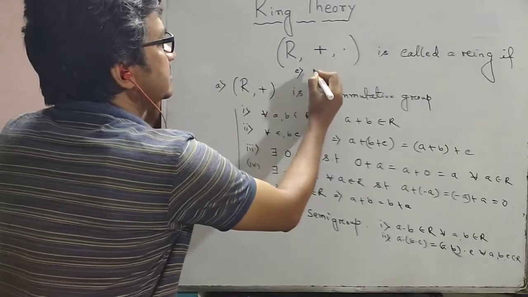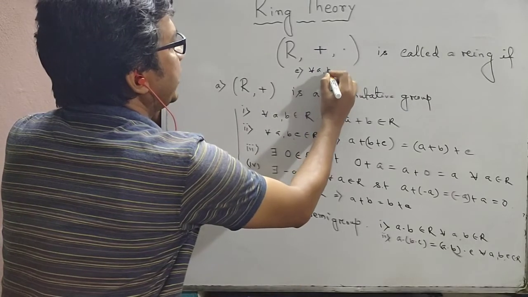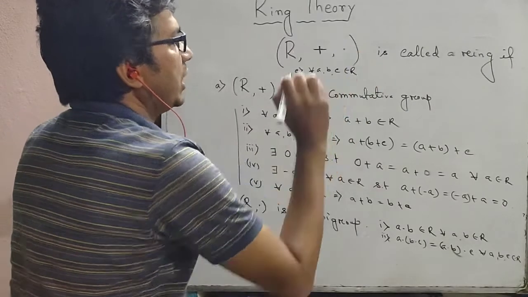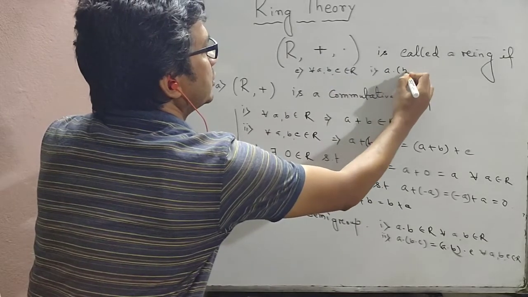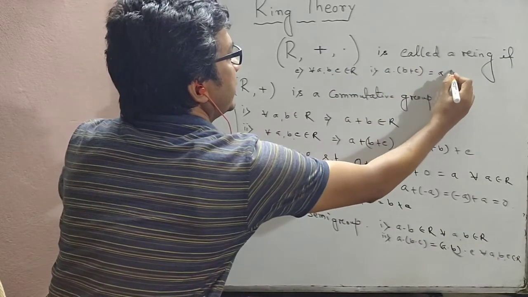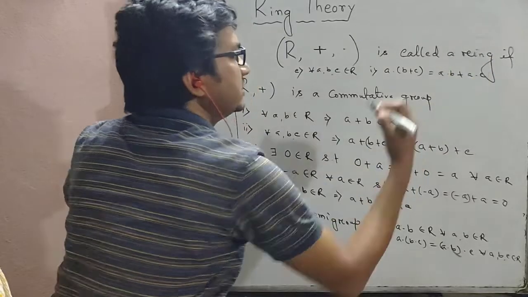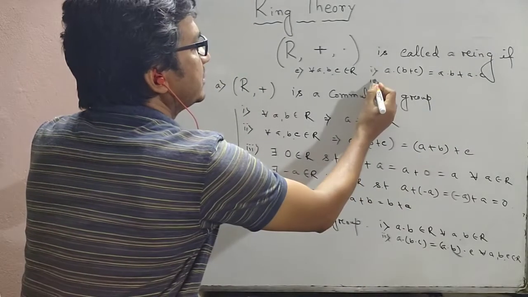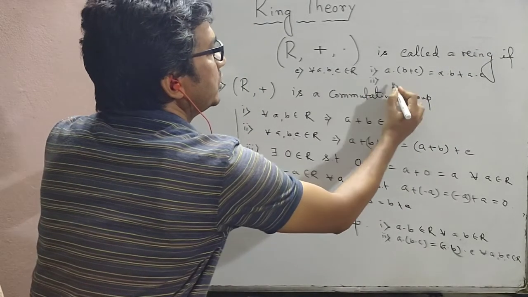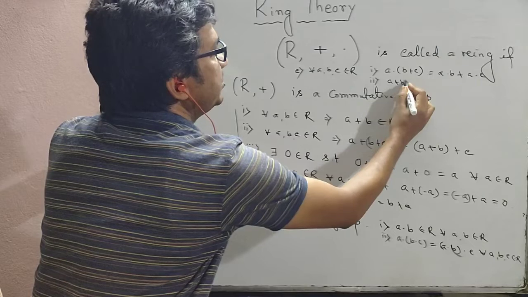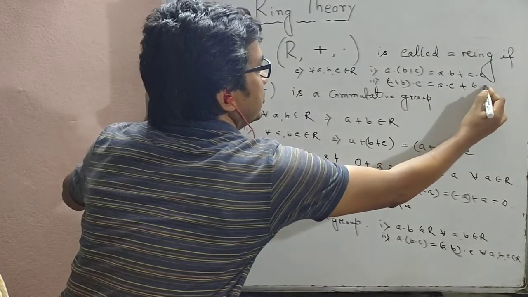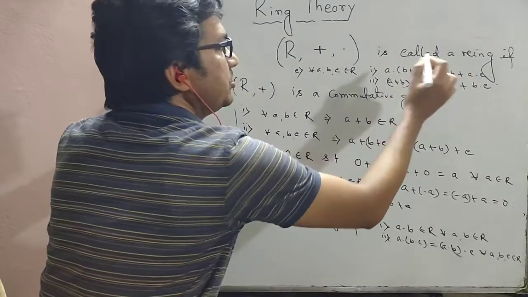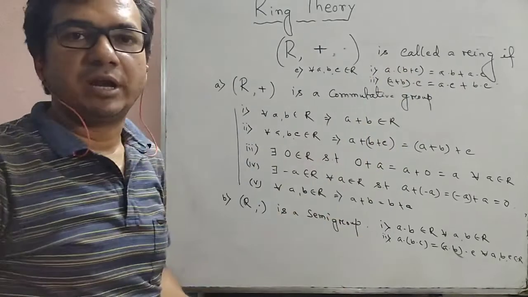That is, for all A, B, C belongs to R, property 1, A dot B plus C equals A dot B plus A dot C, and property 2, A plus B dot C equals A dot C plus B dot C. This is the left distributive and this one the right distributive.